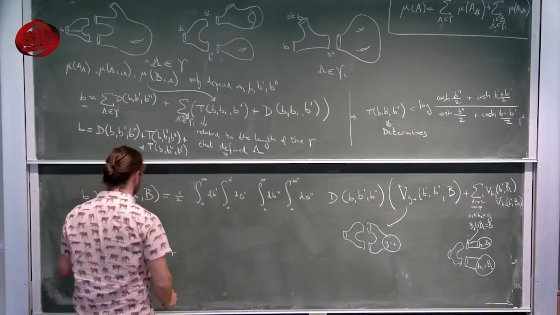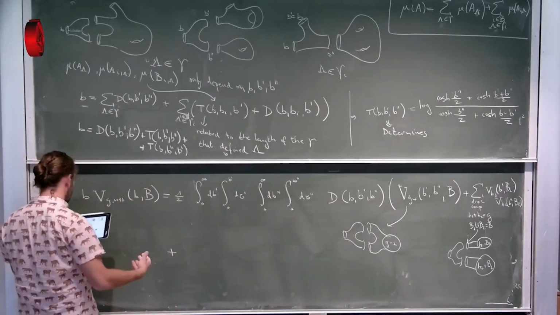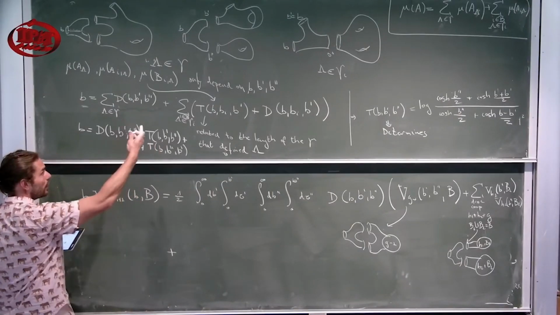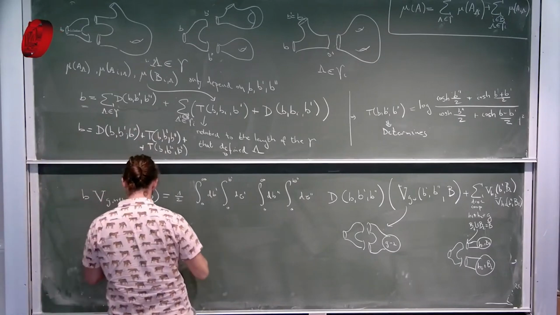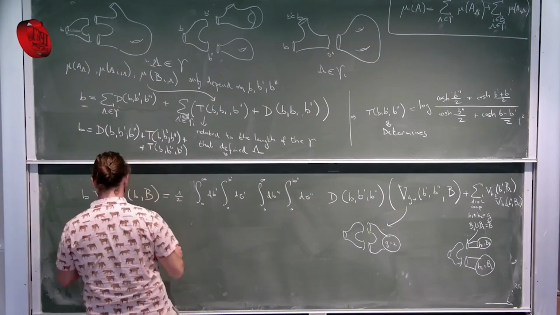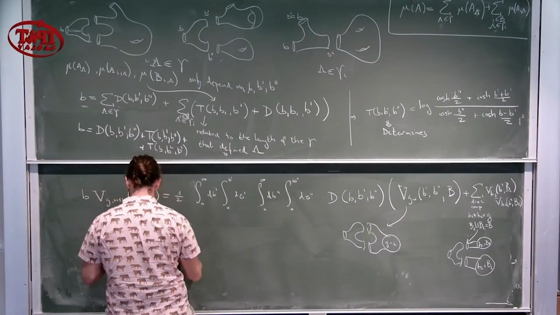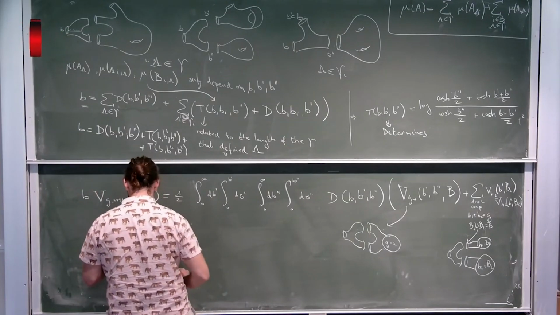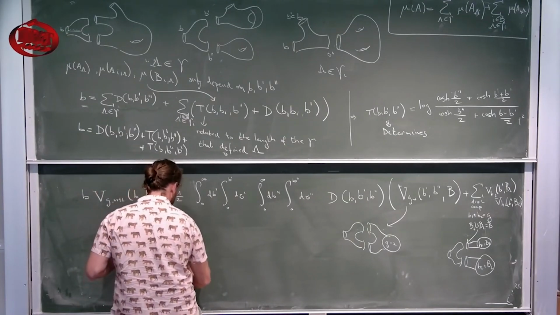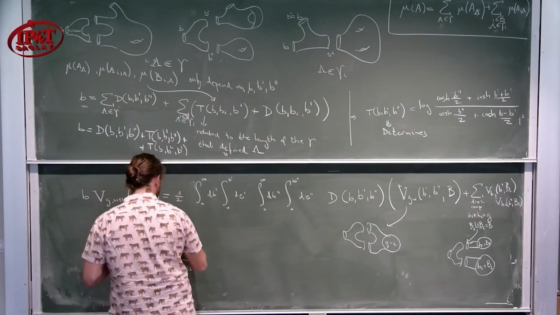And then finally, I have the cases in which one of the geodesics of the pair of pants is external. So this corresponds to taking the sum over all possible geodesics that are external.